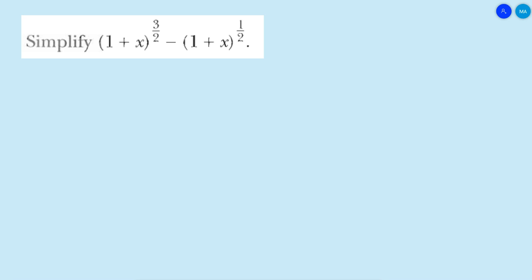If we write this (1 plus x) to the power 3 upon 2 in terms of x, (1 plus x) to the power 1 multiplied by (1 plus x) to the power 1 upon 2, and this minus (1 plus x) remains same.